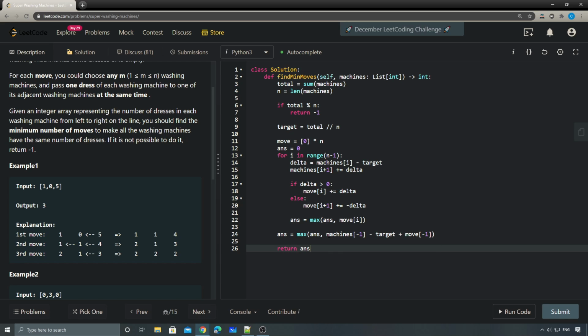Because at the last location, right? Let's say the move i minus 1 equals the moves we need to move from at the beginning, and this delta on top of the moves will give us the actual movement for the last machine.